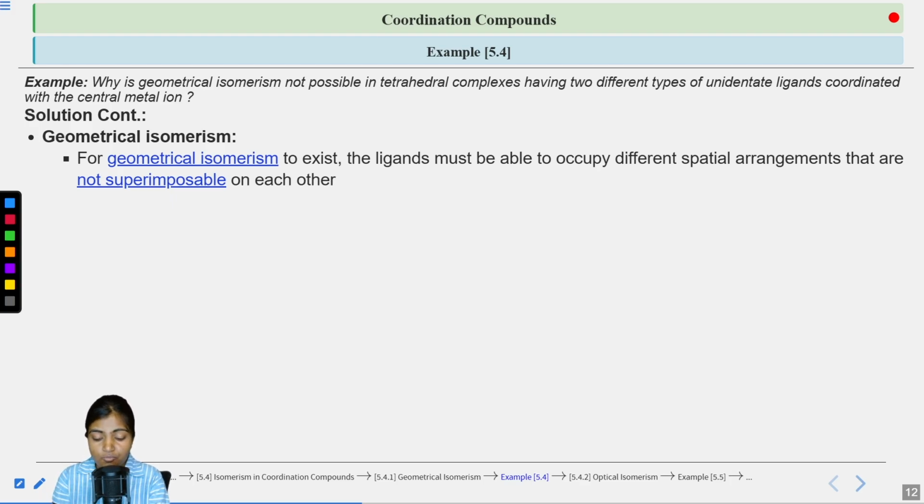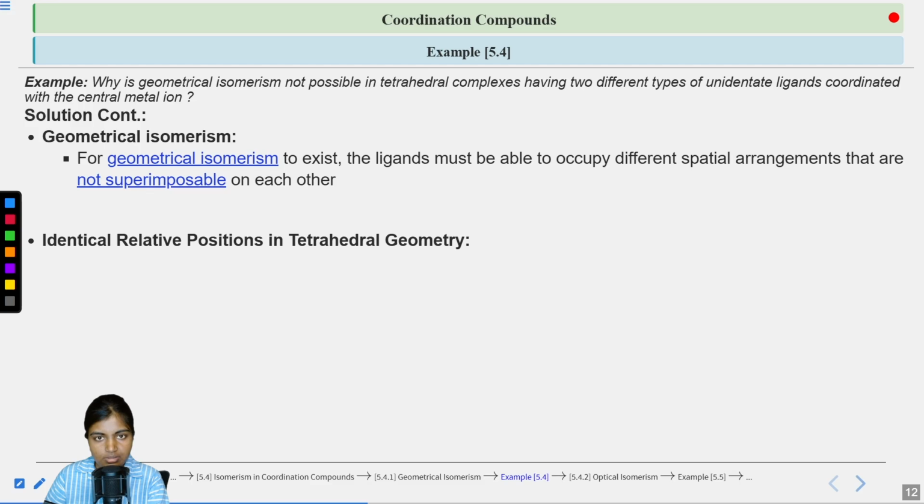That means we should be able to change the spatial arrangement of the ligands around the central metal, and the resulting structures must not be superimposable on each other. If you change the spatial arrangement and get a new structure, those two structures should not be superimposable. You have to consider that for a complex to show geometrical isomerism.